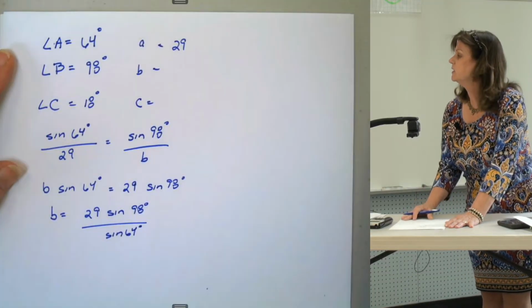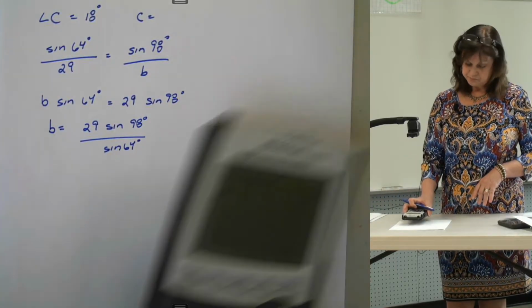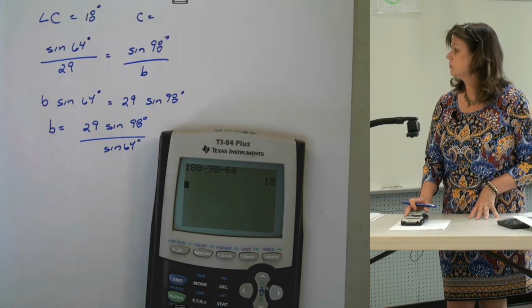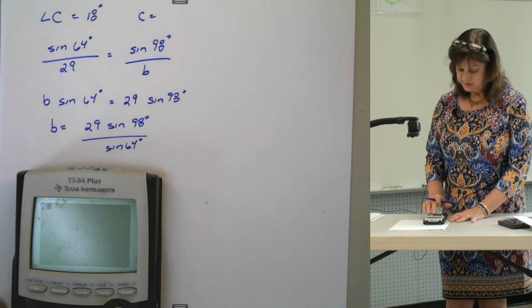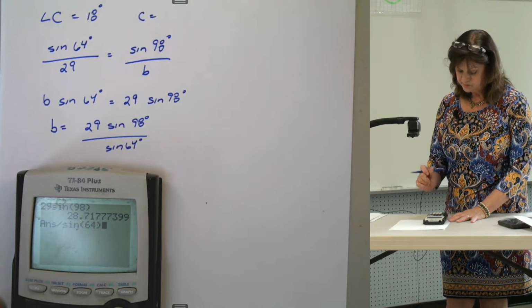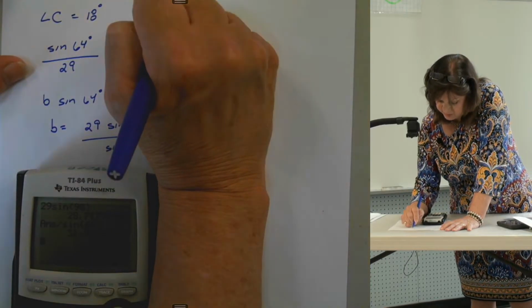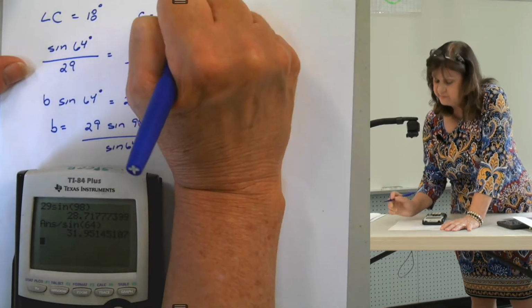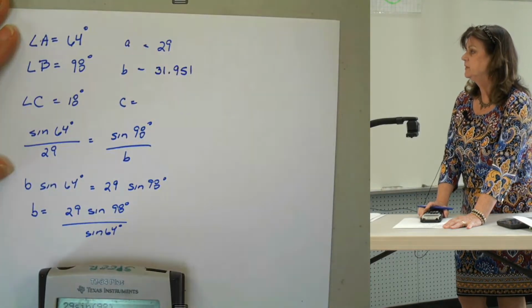A little bit of algebra there. And we have 29 sine 98 divided by sine 64. And the length of B is 31.951. See if we agree.